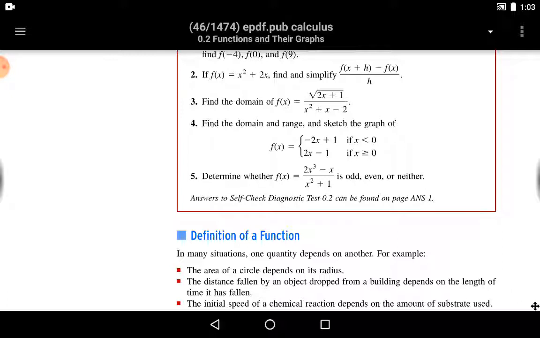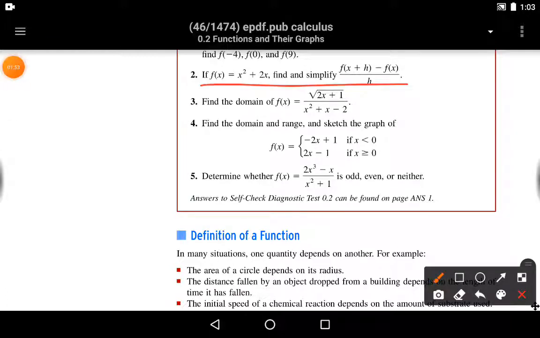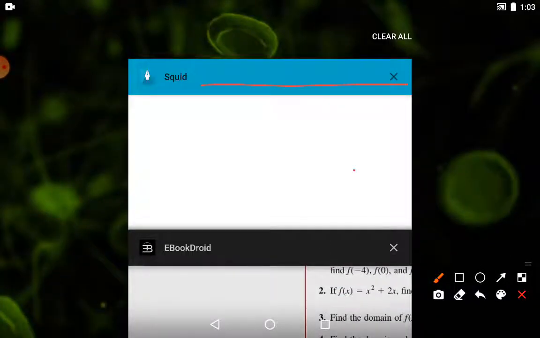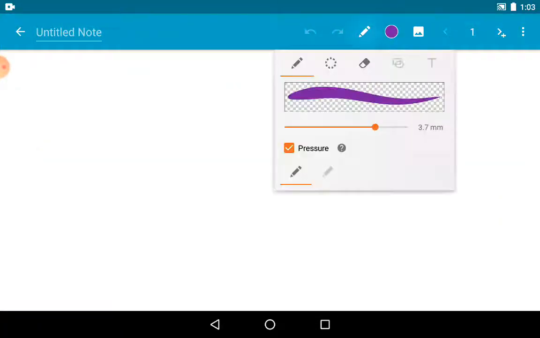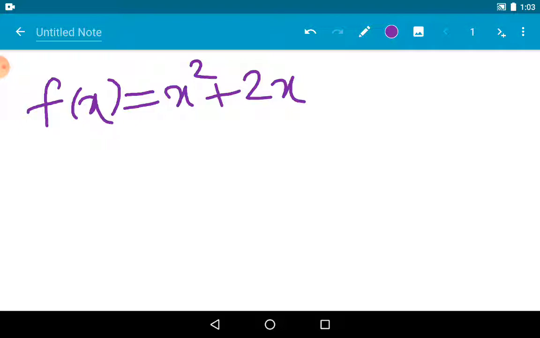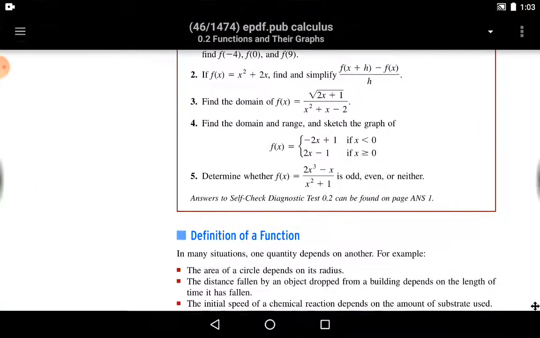Now think about what happens with the next question. Find and simplify f of x plus h minus f of x divided by h, where f of x equals x square plus 2x. We have to find f of x plus h minus f of x divided by h.